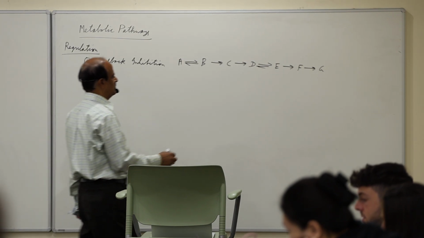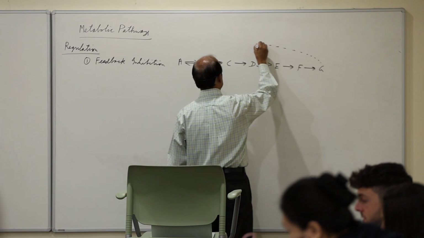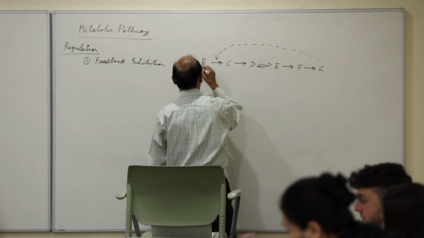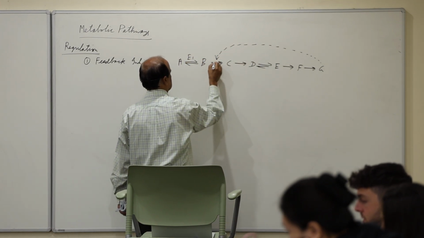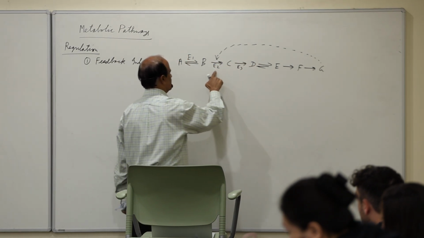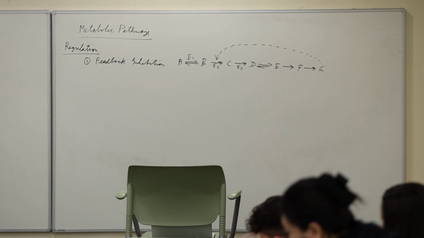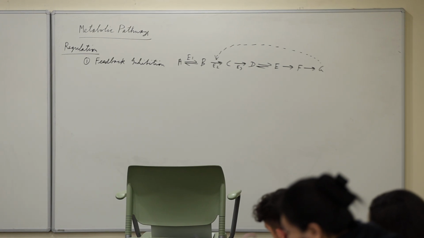So when enough of G has accumulated, you don't want the pathway to continue. So this will go and inhibit this enzyme. So let's say this is E1, this is E2, this is E3. So G will inhibit E2. And that inhibition will stop the whole pathway, because if you don't make C, then none of the remaining steps will happen.